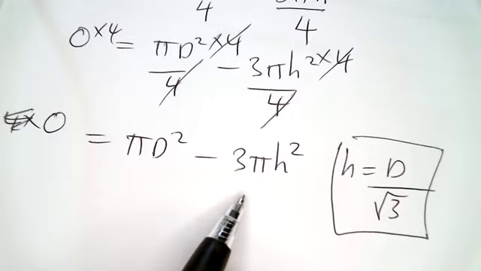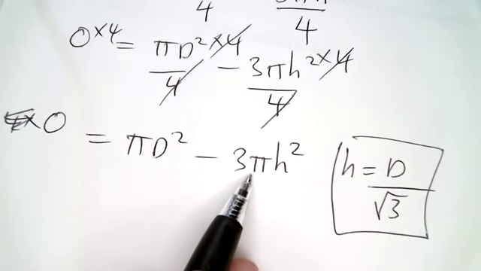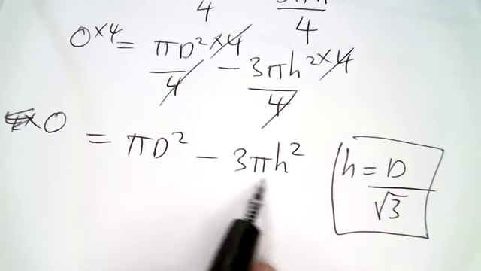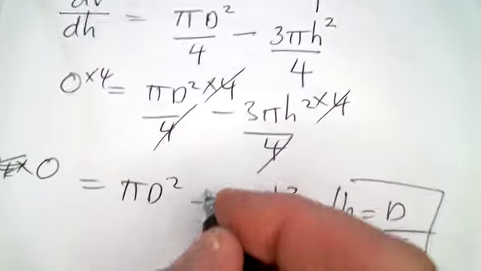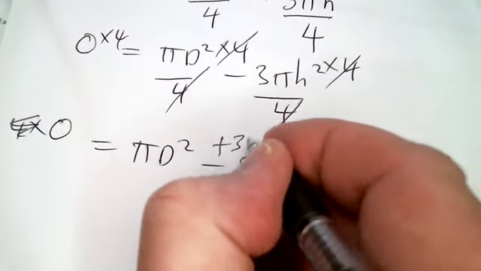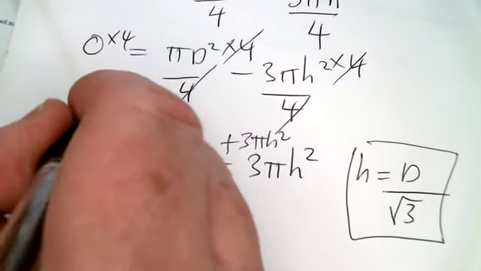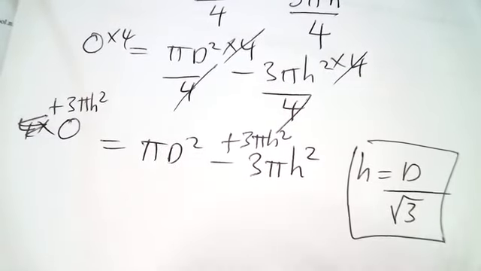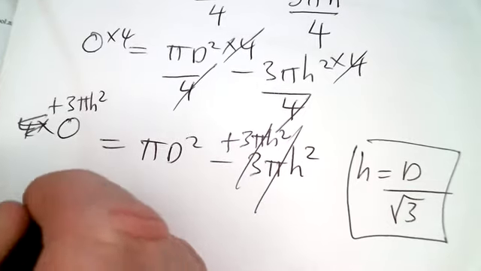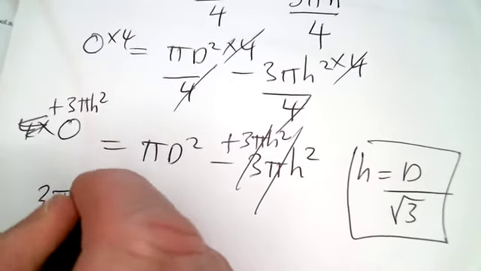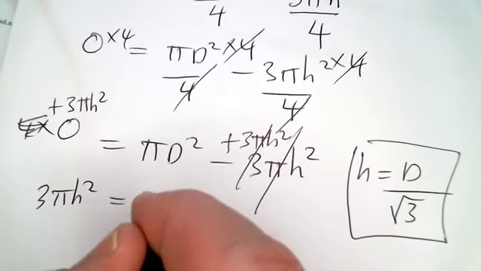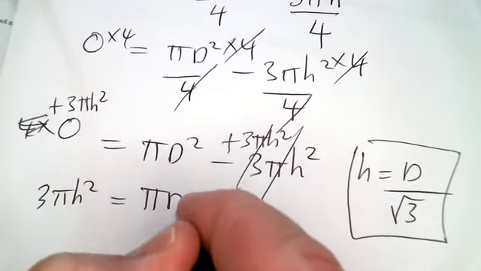The first thing I'm going to do is make h the subject, so I'm going to add 3 pi h squared to both sides. So this now disappears, and I've got 3 pi h squared is equal to pi d squared.